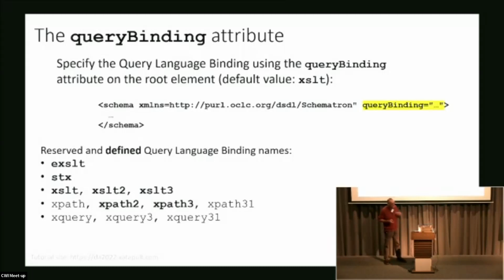So we have EXSLT and STX, which are too old to even consider. XSLT, XSLT2 and XSLT3, which means use XSLT 1, 2, or 3, including XPath 1 and 3. And you have the XPath ones, which mean things like you can use XPath, but not XSLT.